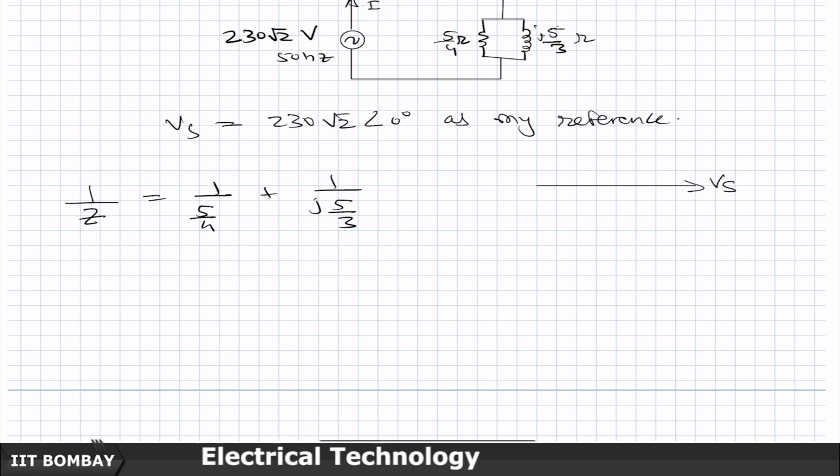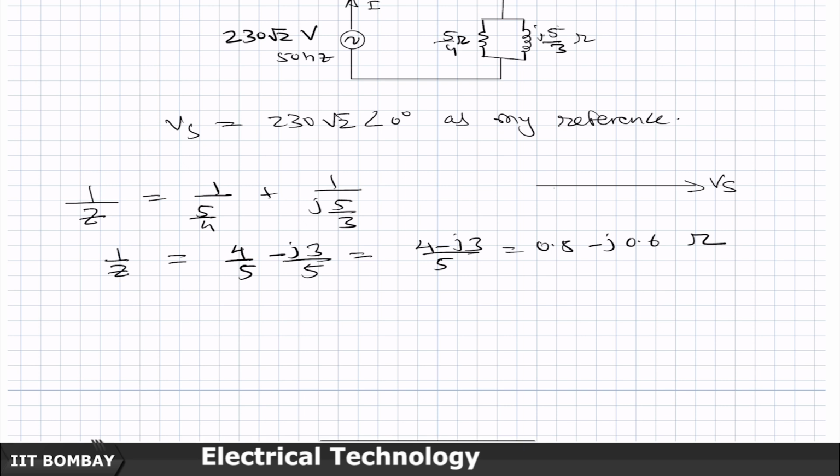Actually, one is just a resistance, one is just an inductive reactance, and we have to add the reciprocal of these, and this leads us to the reciprocal of the net impedance. So, this is going to be 4 by 5 minus j times 3 by 5. So, 4 minus j 3 by 5, which is 0.8 minus j times 0.6.